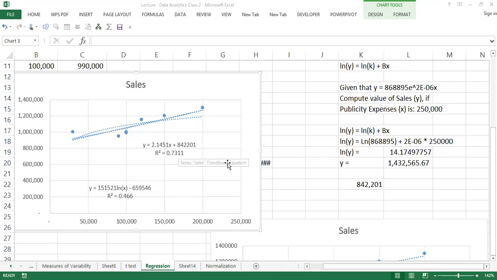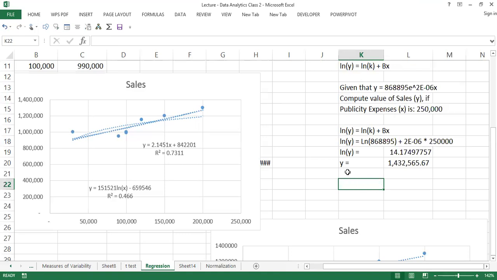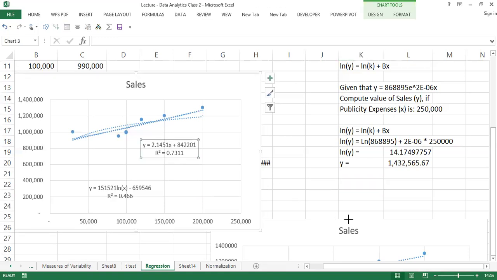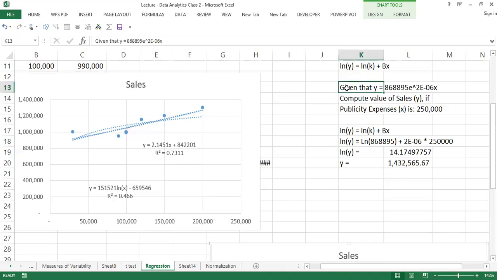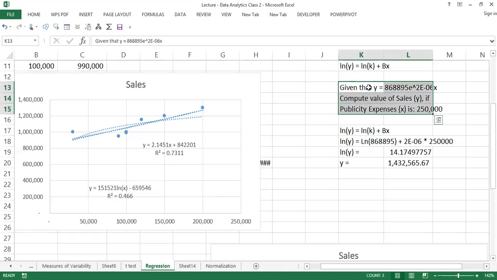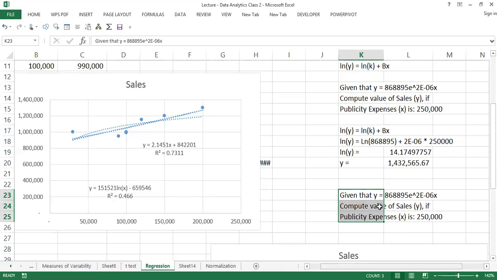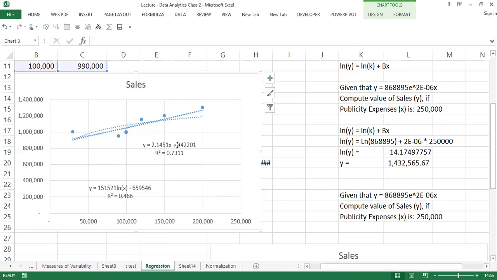Okay. So now I want to give you another exercise. Suppose we're using the linear model. This would have been the equation. So now I want you to solve the same problem, assuming it's linear. Let me copy the problem down here, assuming we are working with this equation.